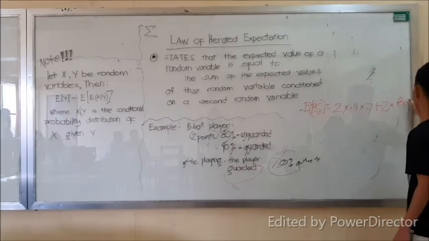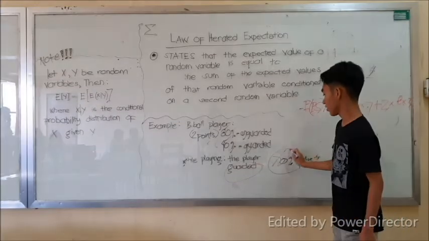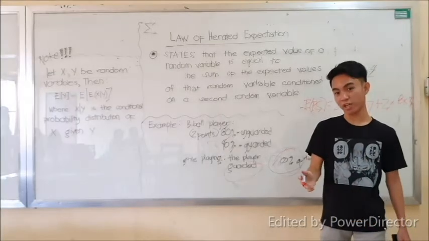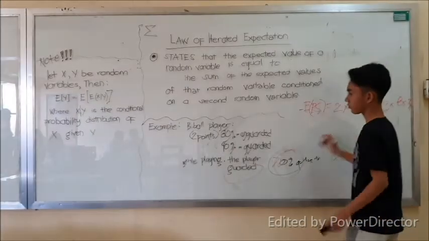It will be 0.3. Why 0.3? Because 70% of the time he is guarded. The remaining 30% means he is unguarded.